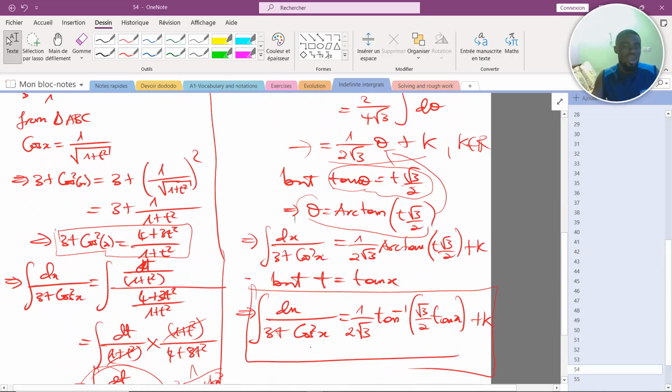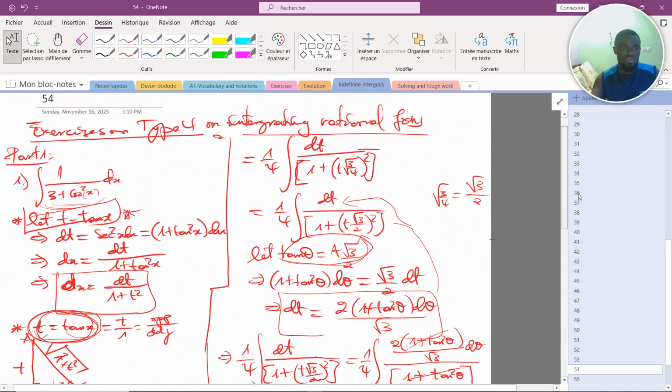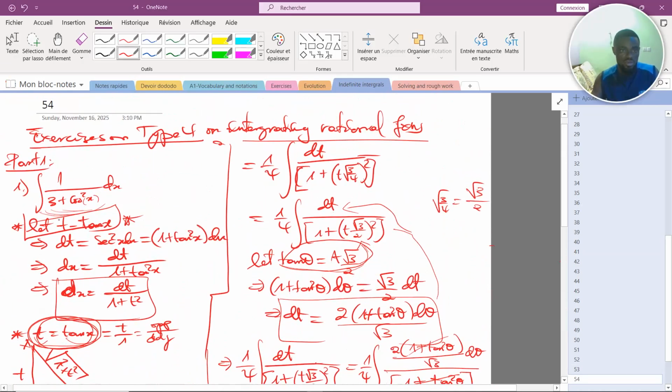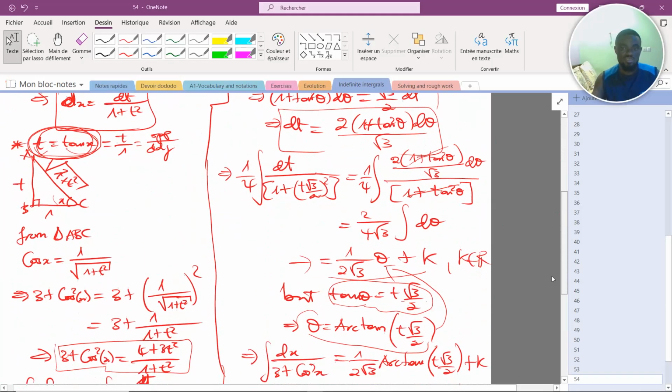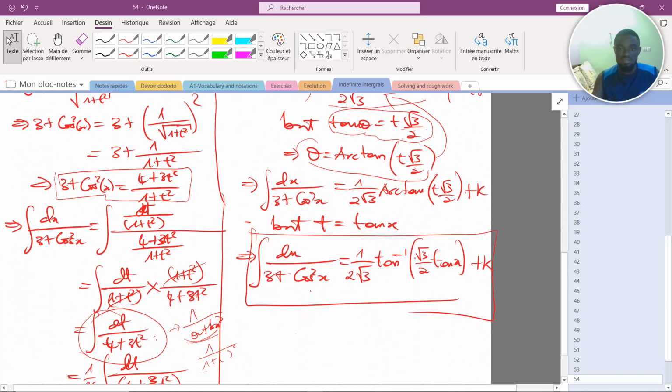But remember, our starting integral was given to us in terms of the variable x. At the start, our first substitution was t being equal to tan x. So where I see t, I substitute tan x. There is a t here, I'll substitute it by tan x. So this is your integral.